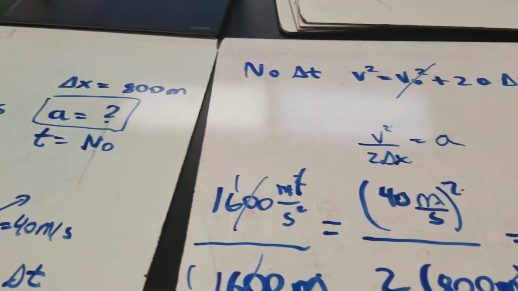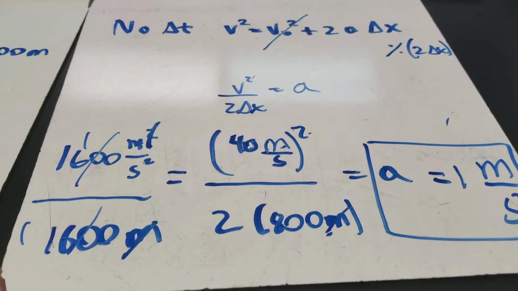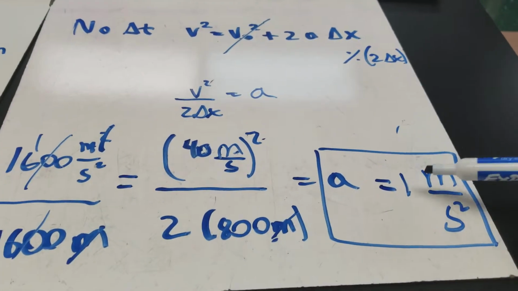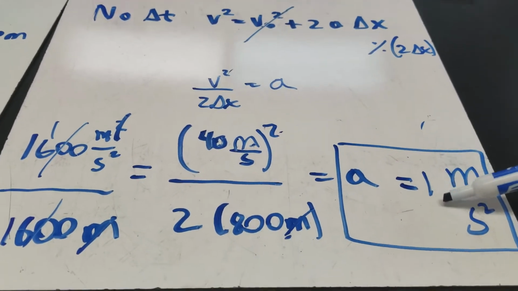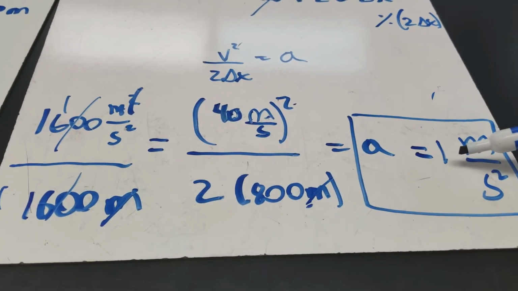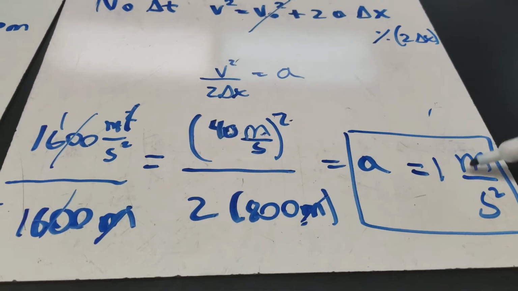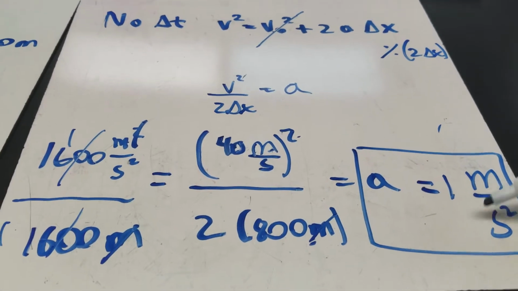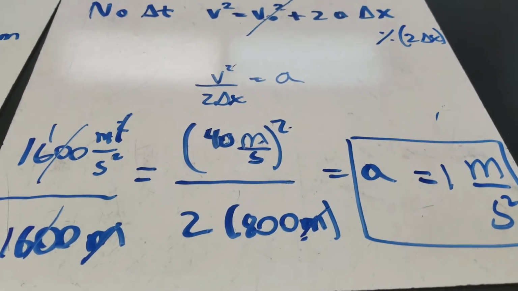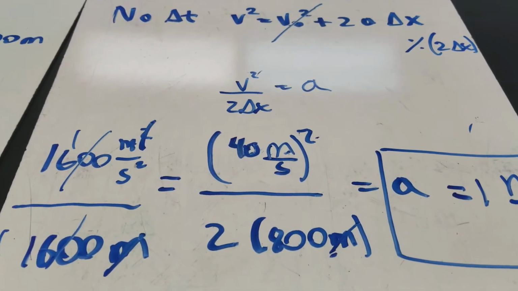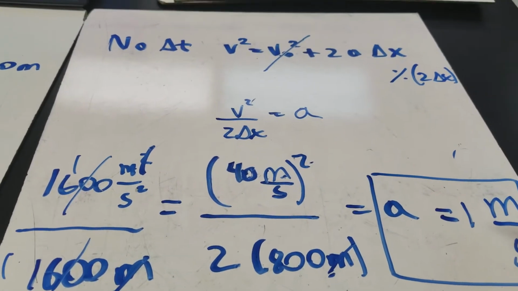So when I get to my final answer, if I had more than one significant figure, I would have to reduce it to a single significant figure. But that's what I already did. So I'm good with my significant figures, right? I'm good with my unit. I don't have to round anything, since I didn't have to reduce significant figures, and it was a whole number in the first place.